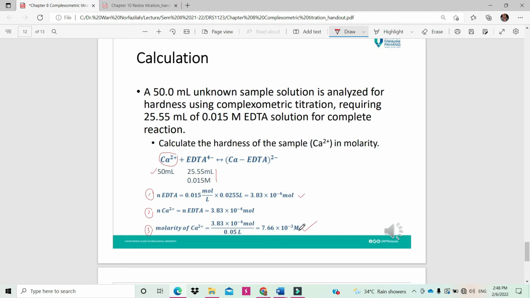But usually hardness we will calculate in gram. Lagi nampak lah kalau kita cakap dalam bentuk molarity kita tak nampak, tapi dalam bentuk mass kita boleh bayangkan banyak mana kalsium yang ada dalam air. But they are similar, depends on the question. If the question asks you to give in molarity, so molarity lah.